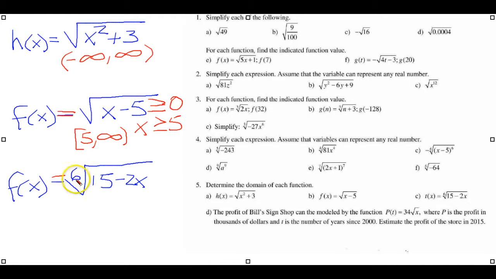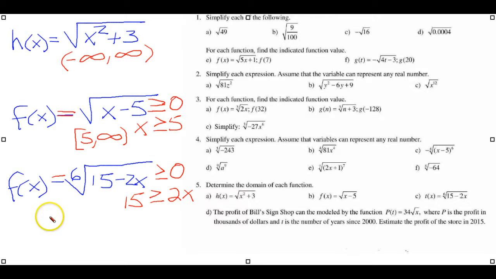Now, since this is an even index number, the same thing applies. We have to have values of x that make this greater or equal to 0. So we just solve it. We get 15 is greater or equal, just transpose that to the other side, it becomes a positive 2x.